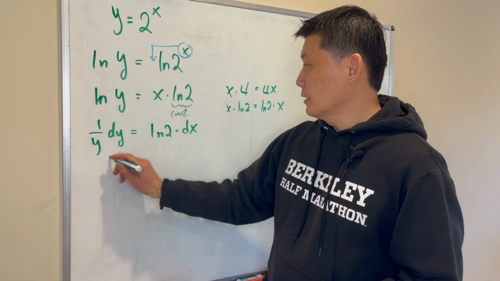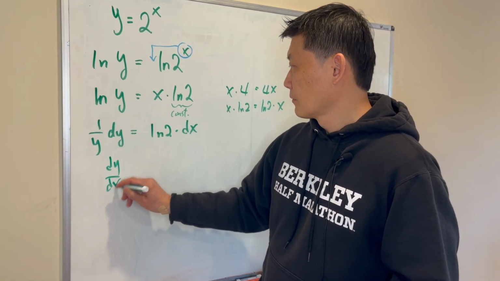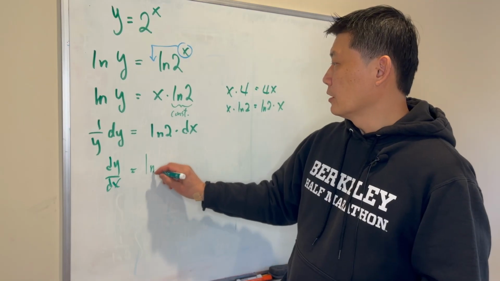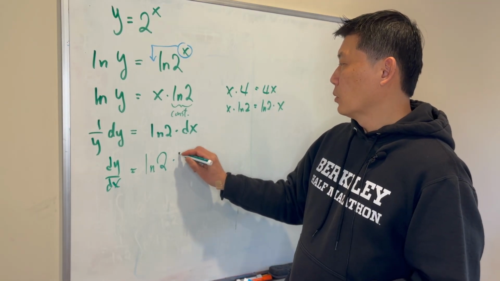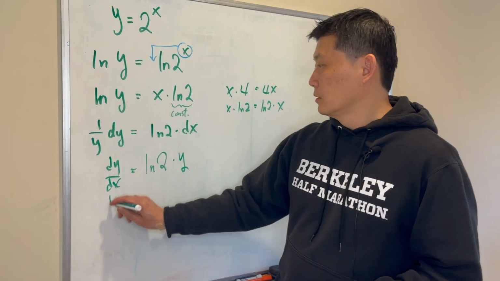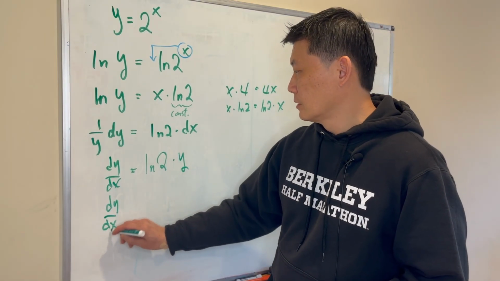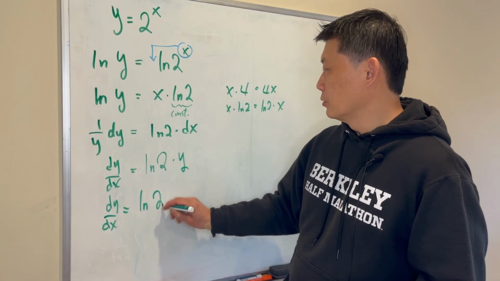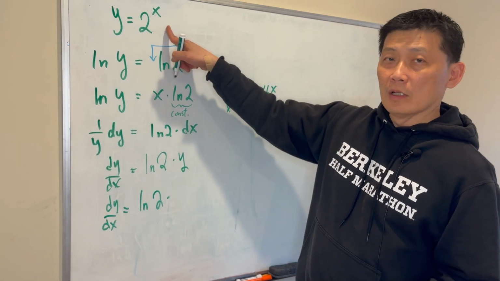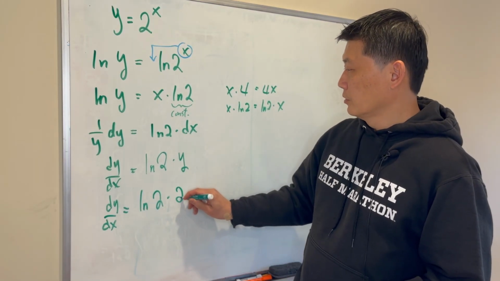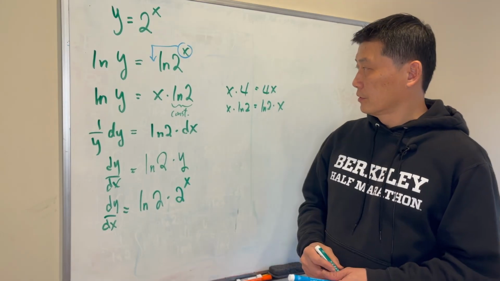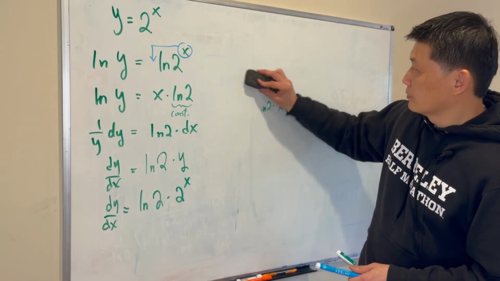Okay, so we have 1 over y dy is equal to ln 2 times dx. Then dy/dx is equal to ln 2 times y. dy/dx is ln 2 times y, and y is previously defined as 2 to the x. So what can we learn from this?